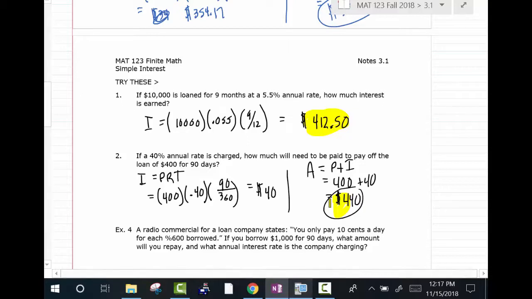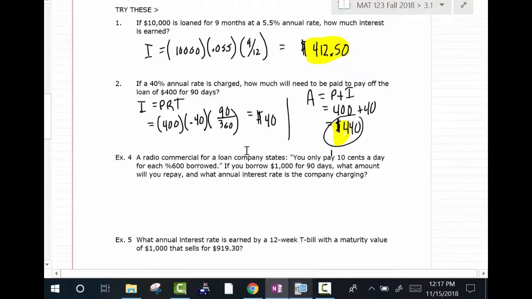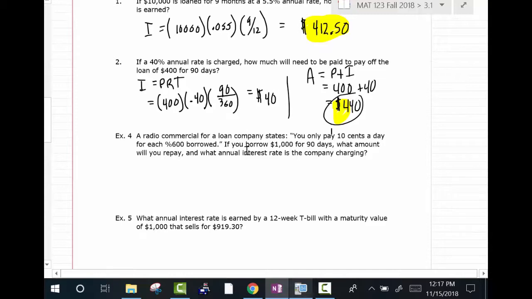Okay, all right. So this next thing here, we're going to look at some of these problems a little bit backwards. This one says that you have a radio commercial that says you only pay 10 cents a day for each $600, that's a $600, not a percent.